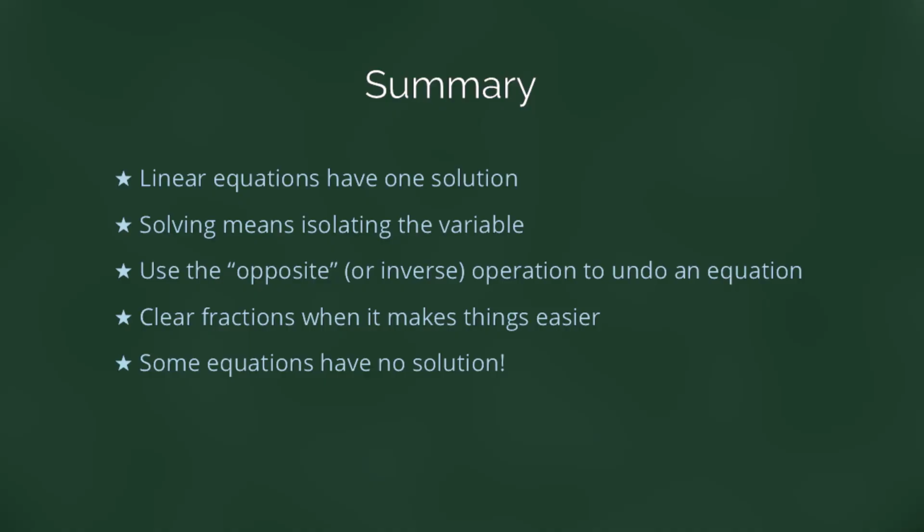In order to do that, we're going to use opposite or inverse operations to undo an equation. We saw that sometimes clearing fractions by multiplying through by an LCD or clearing decimals by multiplying by some power of 10 can make our life easier. And we also saw that checking our solution can help us to verify our work.